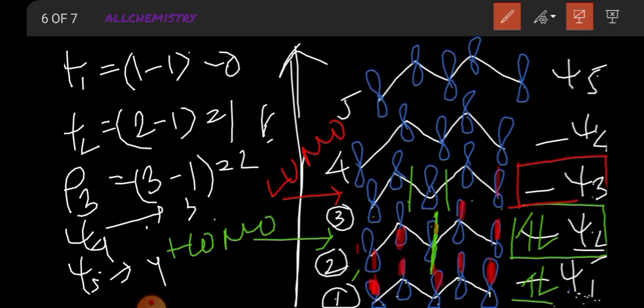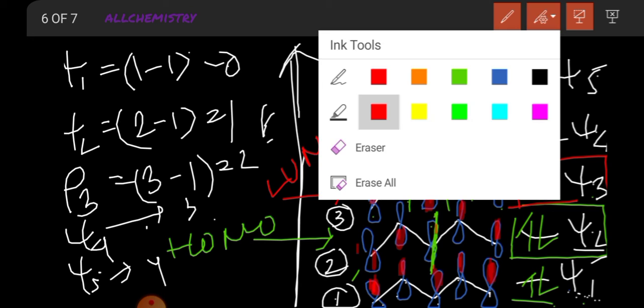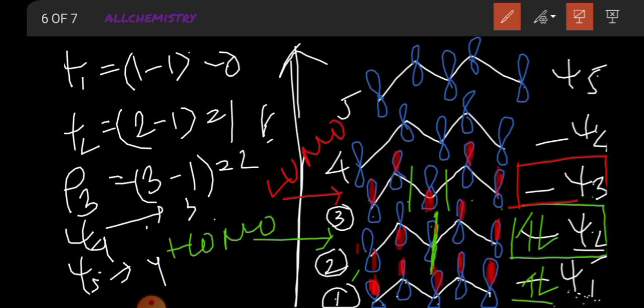Now filling: 1, 2, change of phase, same phase. Then again for psi 4, 3 nodes. How will we draw the 3 nodes?